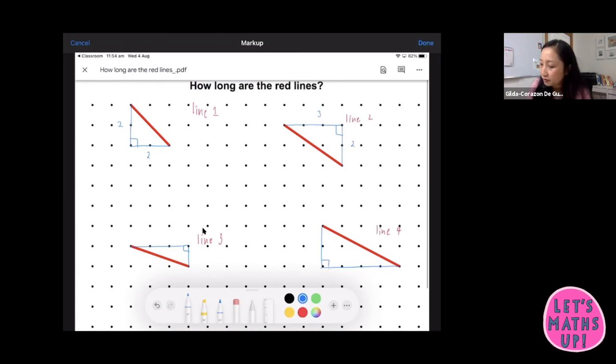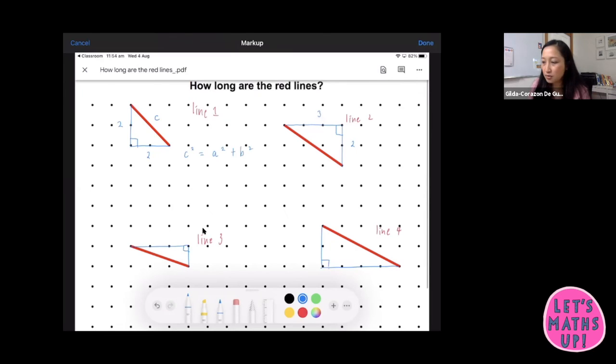So we want to find, again, our longest side, the one opposite that right angle in that triangle. And therefore I know that that's the hypotenuse, right? And I would be able to use the theorem, the formula, c squared equals a squared plus b squared.